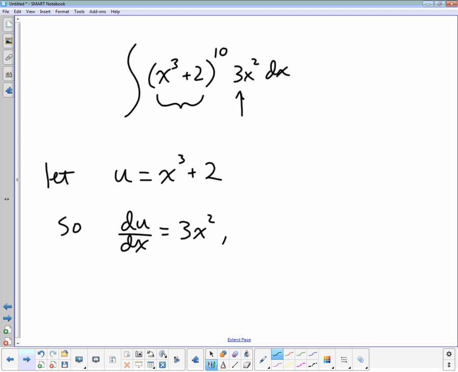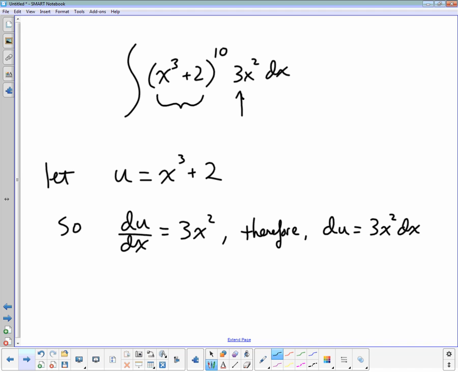Therefore, with this, now we have a nice set of substitutions that are going to make a lot of this stuff become a lot simpler.